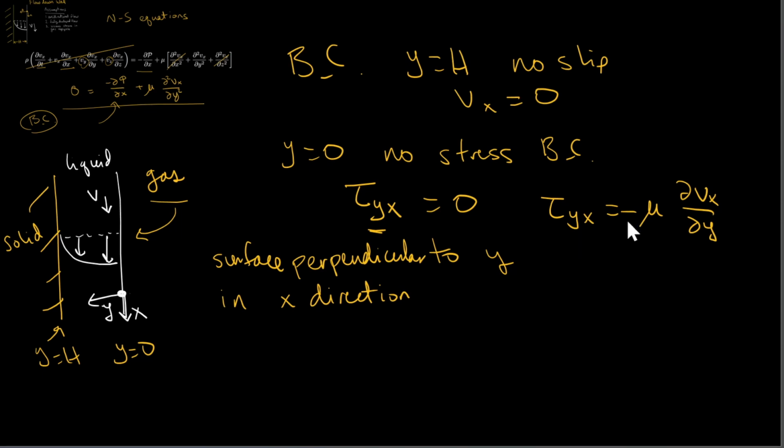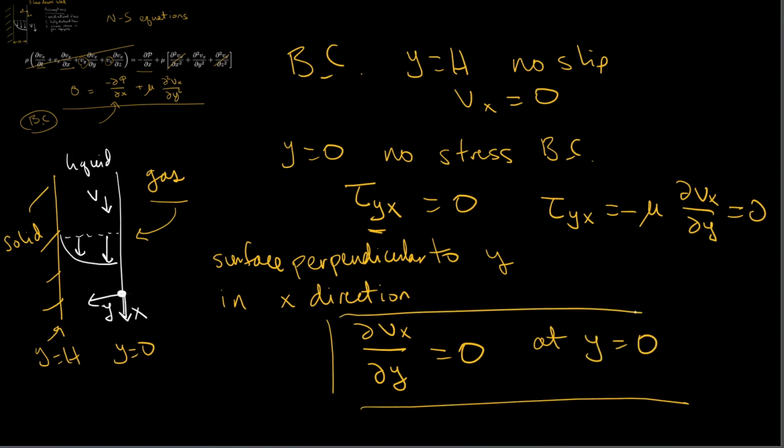That's just convention, and for this problem it really doesn't matter because we can just set this equal to 0. So this tells us that the boundary condition we're actually going to use to solve the problem is dvx/dy equal to 0 at y is equal to 0. And so here we have our two boundary conditions: this one right here, and this one up here.